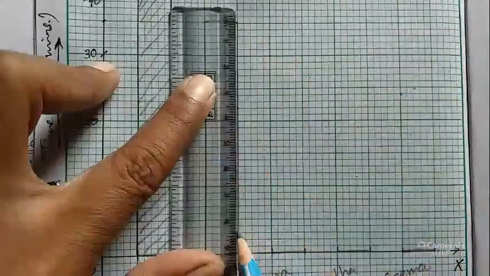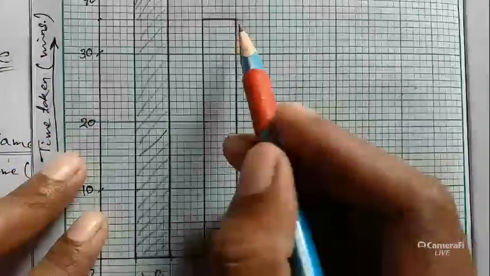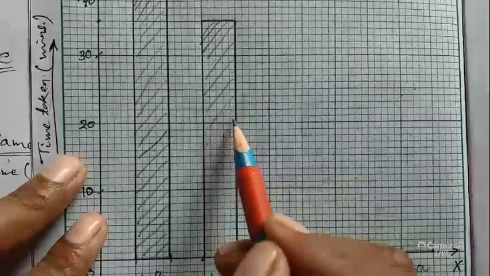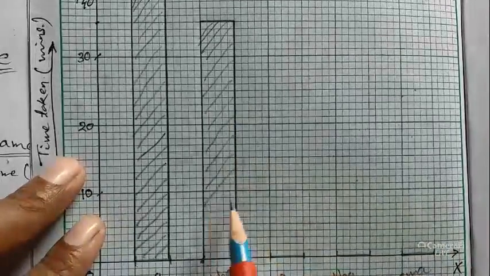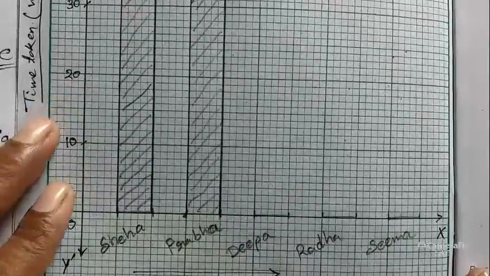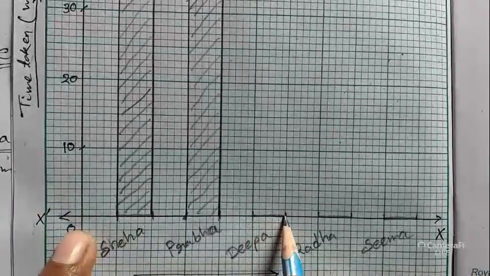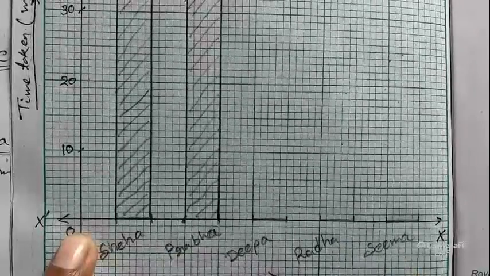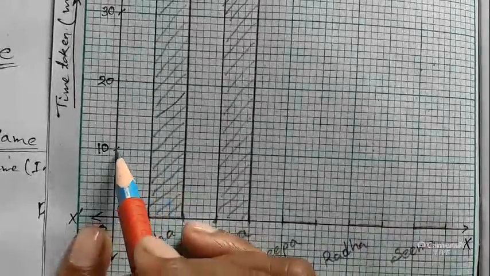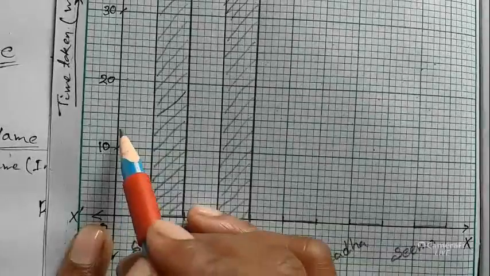In a similar way we will draw the rest. So this is the rectangular bar for Prabha. Next is Deepa. Breadth is 5 small squares. What will be the length? Deepa takes 15 minutes. Where is 15 on the y-axis? This is 10, then 5. 1, 2, 3, 4, 5.